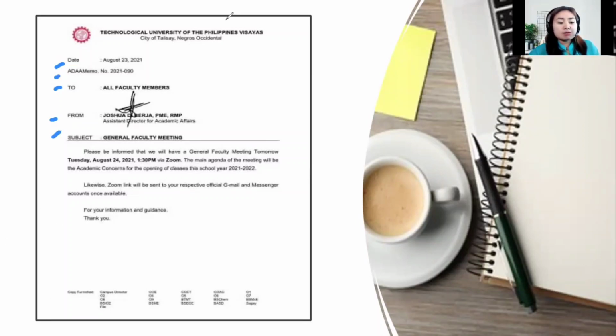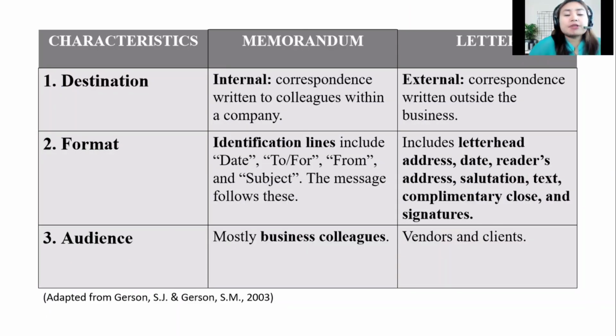Okay, so next we move on to our next part. We have the characteristics of memorandum and letter that set the two terminologies apart. In terms of destination, a memorandum is written for people within the company. But a letter, of course, is outside the business, outside the company or organization.